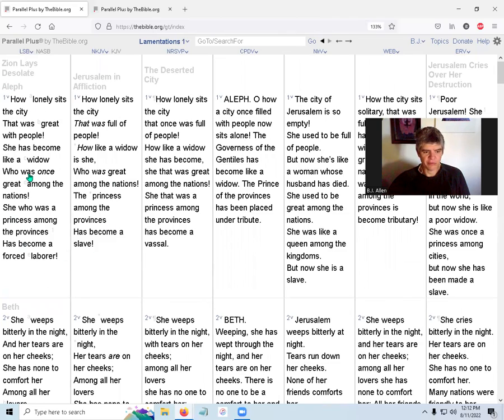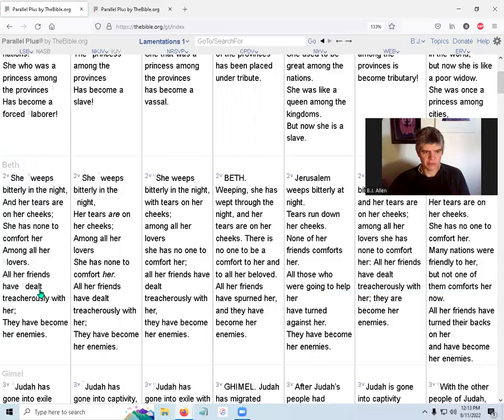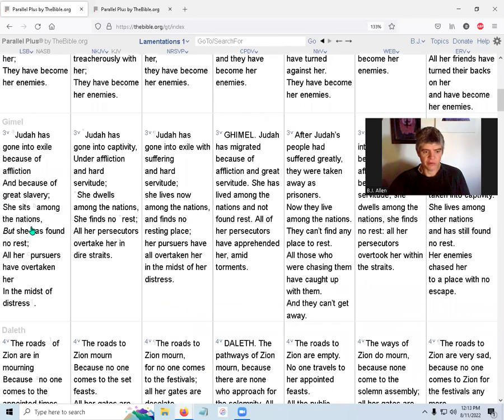Aleph, one verse. Bet, one verse. Gimel, one verse. Okay, so far chapters 1, 2, and 4 have one verse per refrain. Chapter 3, for some reason, has 3 verses per refrain, or stanza. This whole thing's a stanza, right?